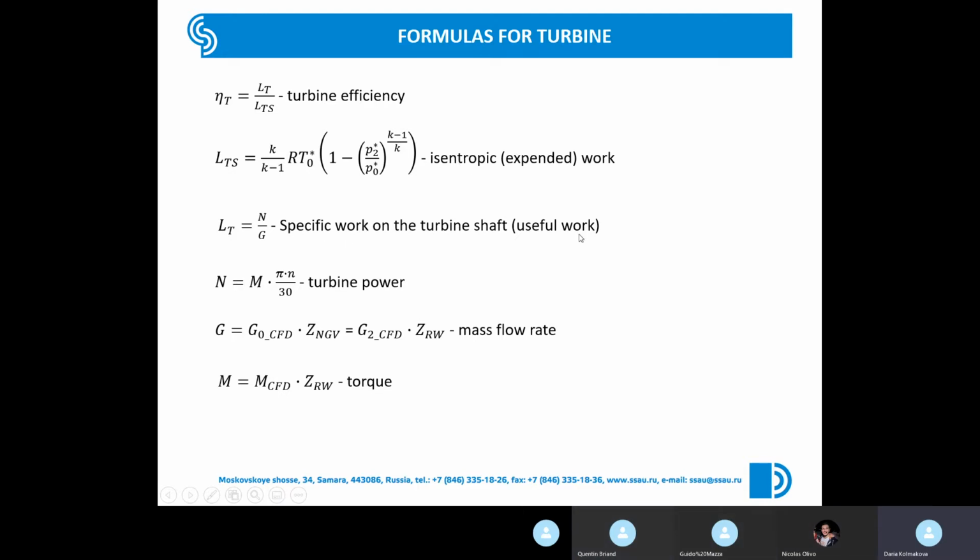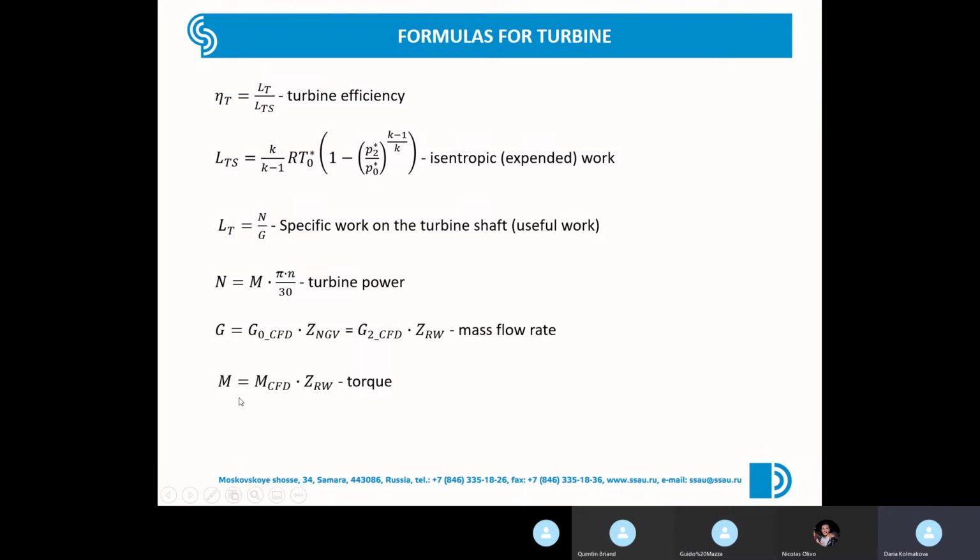Then we need to calculate the useful specific work on the turbine shaft, which is the turbine power divided by the mass flow rate. Speaking about turbine power, we need to multiply torque by this ratio. P is understandable, N is the rotational speed, which comes from your initial data from your previous stage.